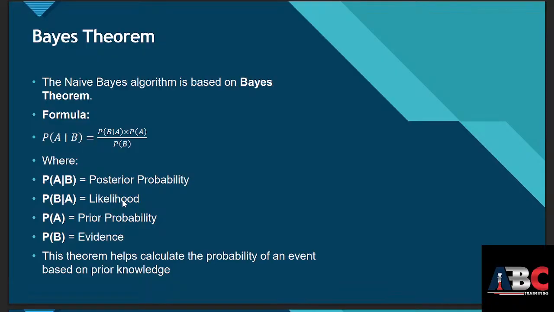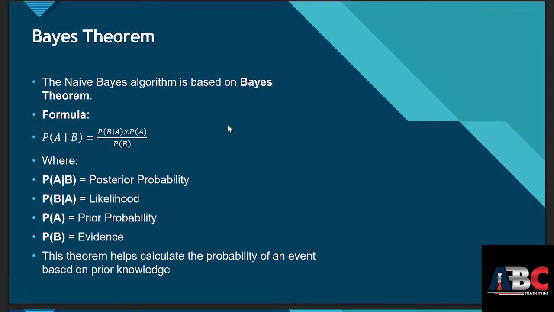For example, if in a data set 40% of emails are spam and 60% are not spam, then the prior probability of spam is 0.4. This means that before analyzing any word in the email, we already know that 40% of the emails are spam.